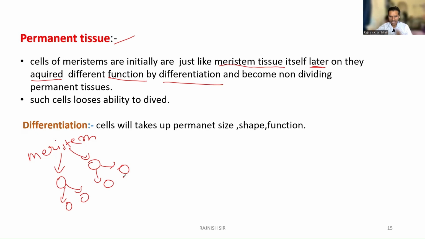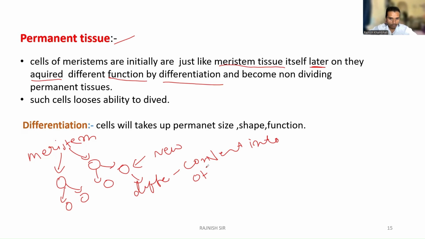Okay, this is cell division. But this new cell will undergo the process of differentiation. Differentiation means convert, for example, I'm just writing in simple language, convert into another type of cell.